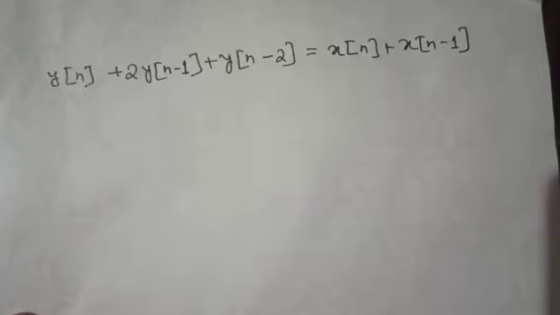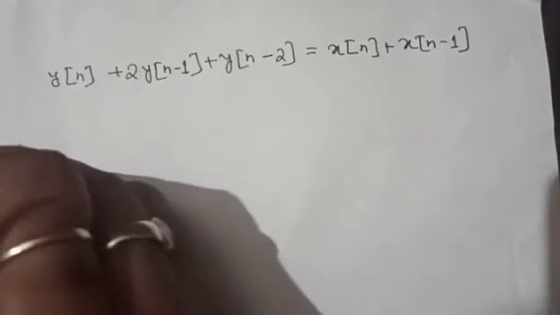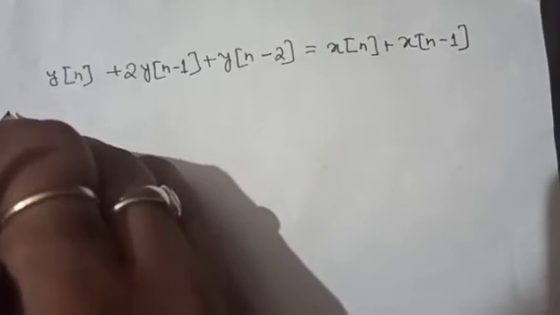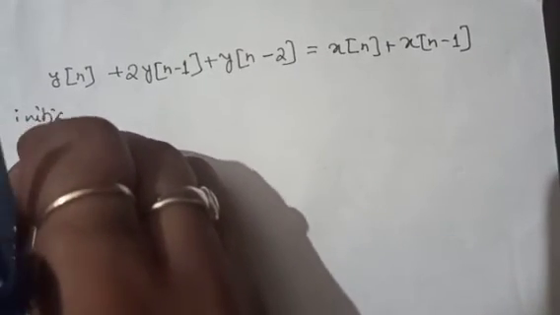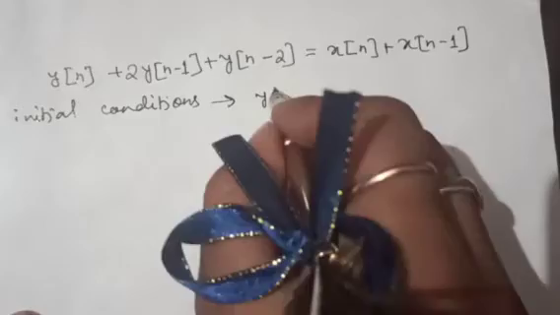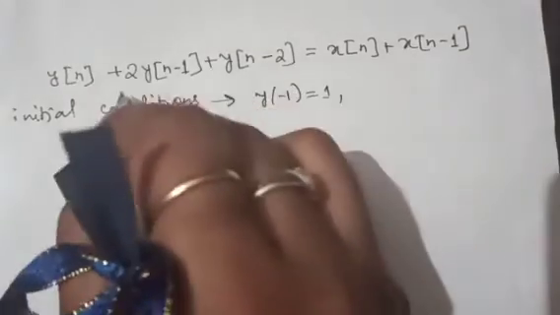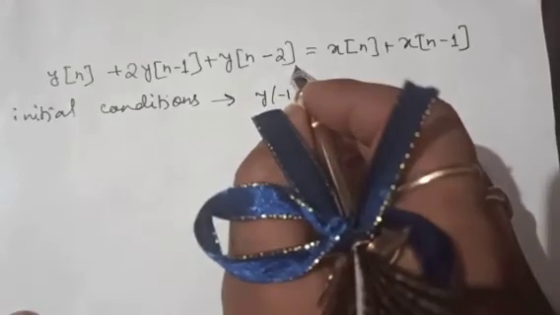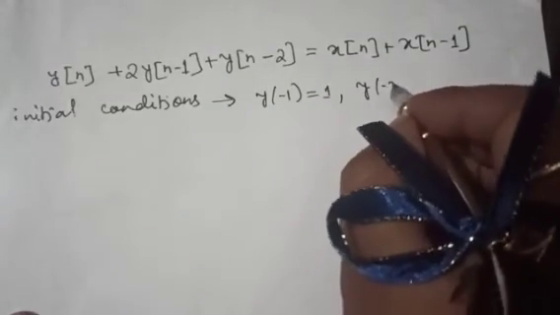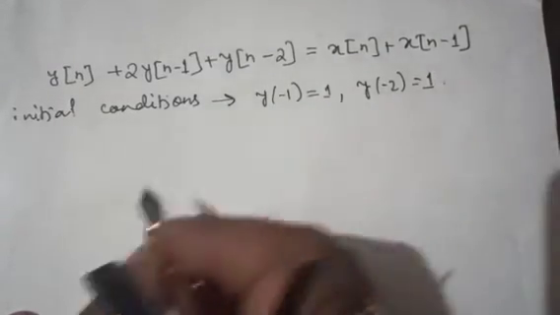Natural response means zero input response of the system described by this difference equation with the initial conditions. Suppose the initial conditions are given: y of minus 1 is equal to 1. Here we need y of minus 1 and y of minus 2 as the initial conditions, so y of minus 2 is also, suppose, 1.